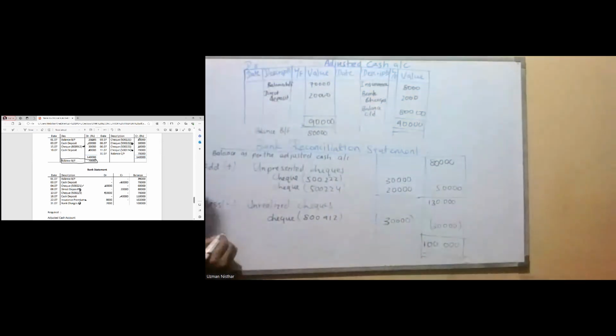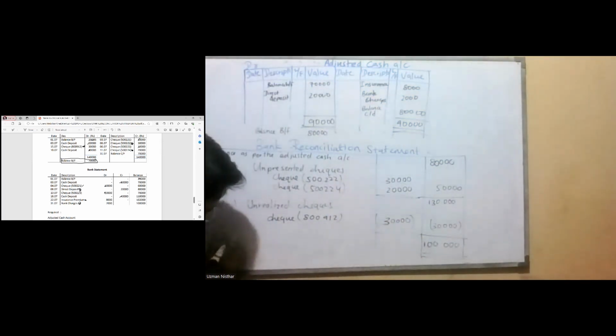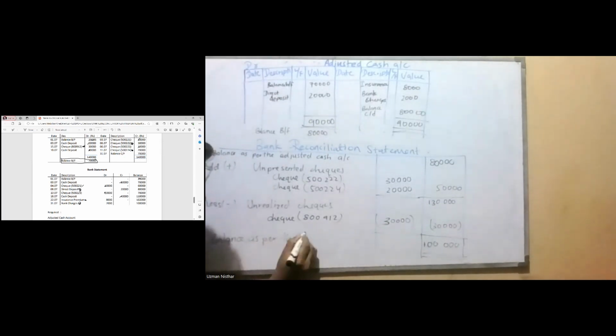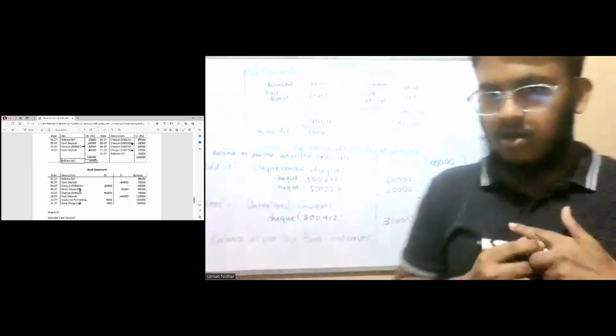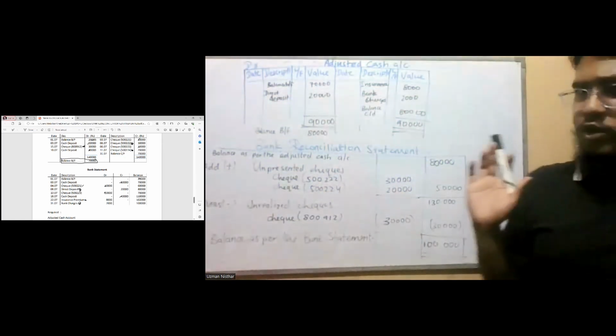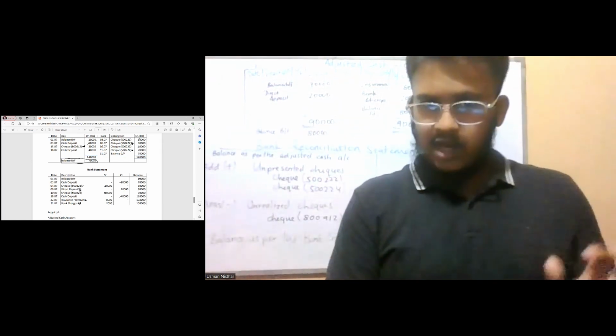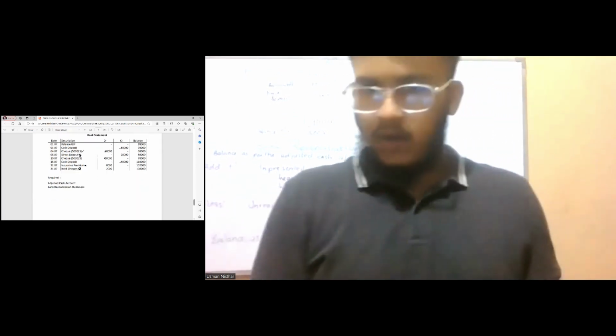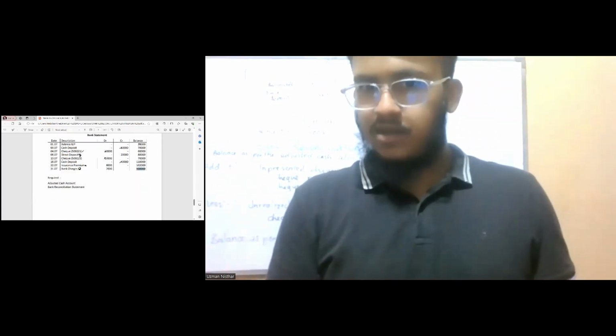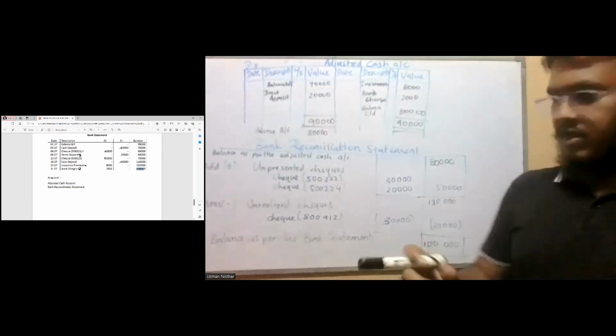This balance is known as balance as per the bank statement. Now I have got my answer. Now I am going to check. Let's take the bank statement. The last balance is 100,000. So my answer is correct.